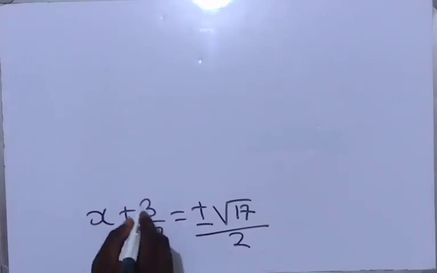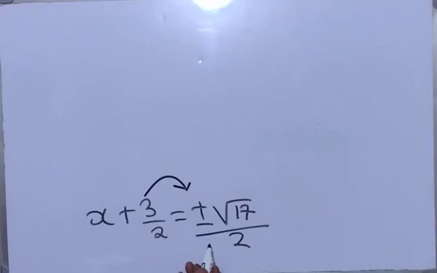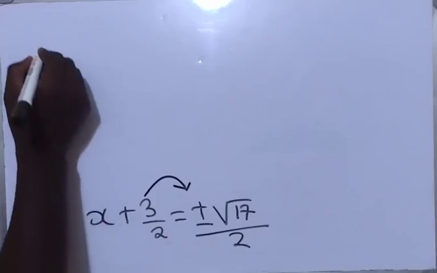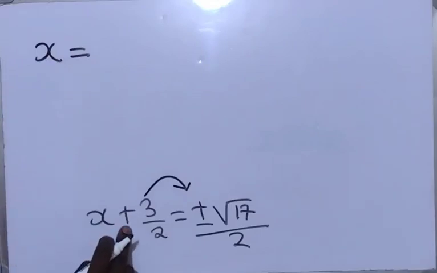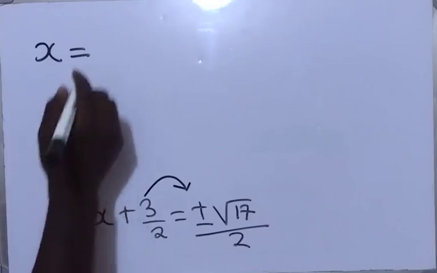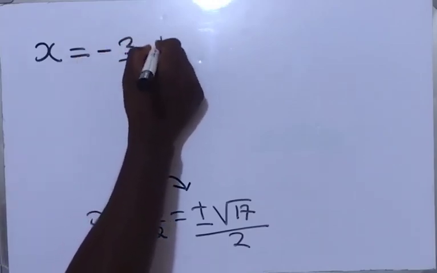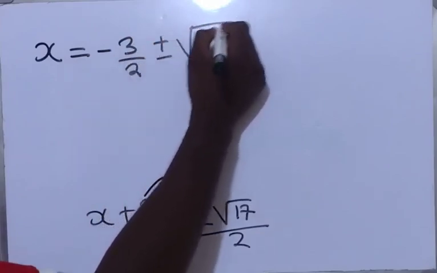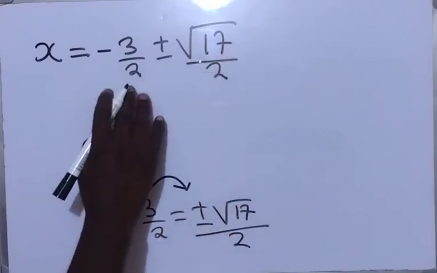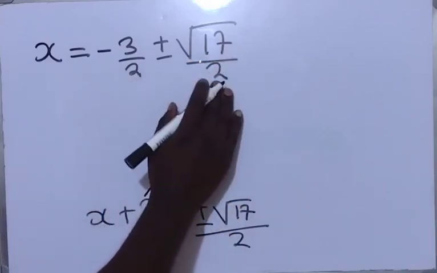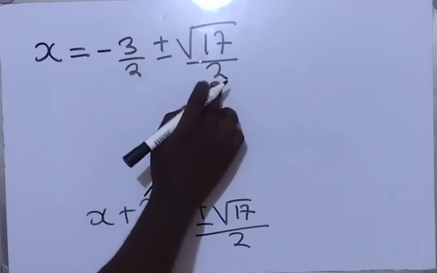Okay, so let's see how we are going to answer it now. From this stage, we are going to take this 3 over 2 to the right-hand side so that we remain with x. So x is equal to, now this is positive. When it goes to the right-hand side, it becomes negative 3 over 2 plus or minus the square root of 17 divided by 2. So you can see the denominator is common, 2 is common.